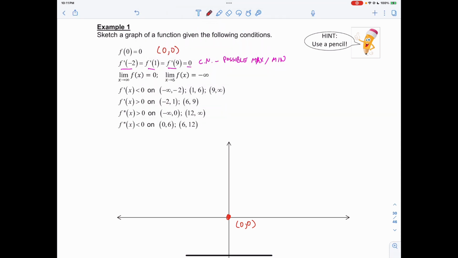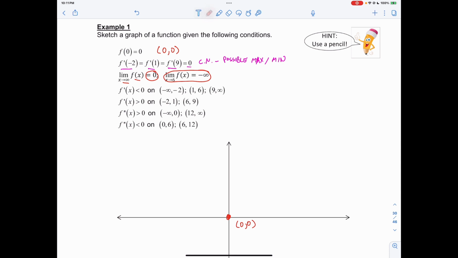We can see the limit as x approaches infinity for f of x is equal to 0. The limit as x approaches 6 for f of x is going to approach negative infinity.